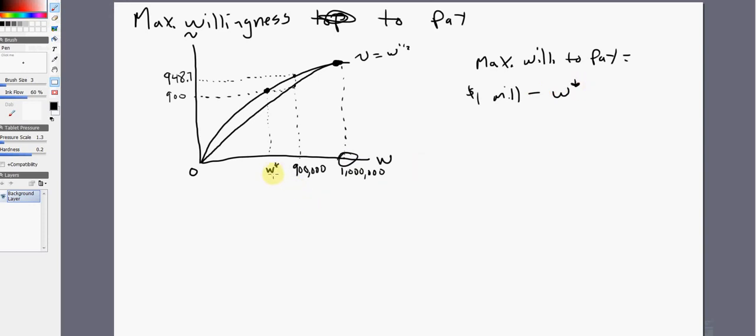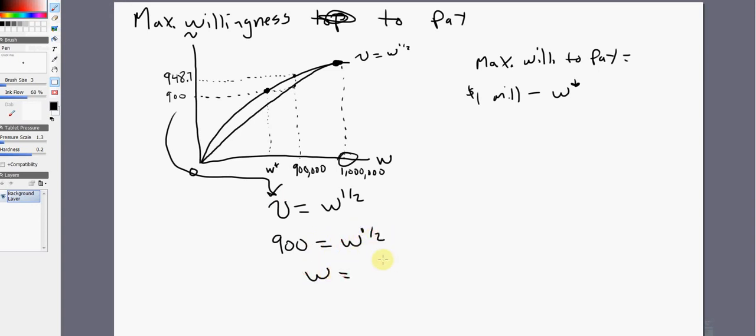So how do we get W star? Well, our utility function looks like that, and we're going to plug 900 into the utility function and solve for W. Squaring both sides, we get 810,000. That's our W star in this case.